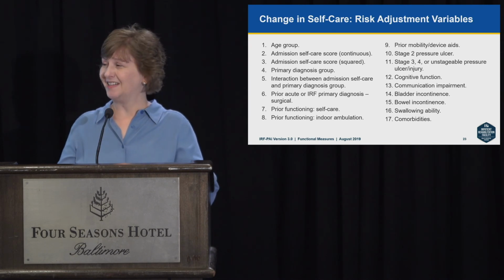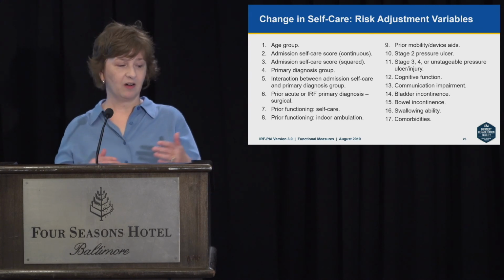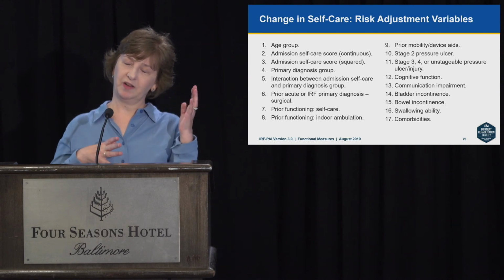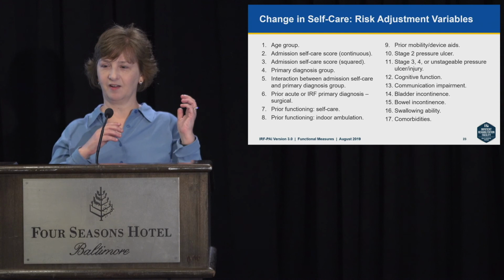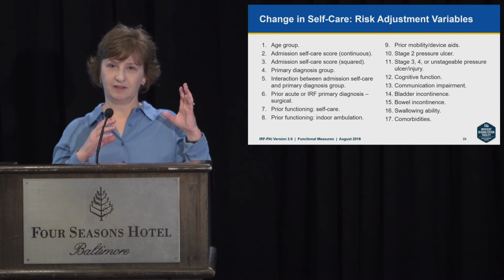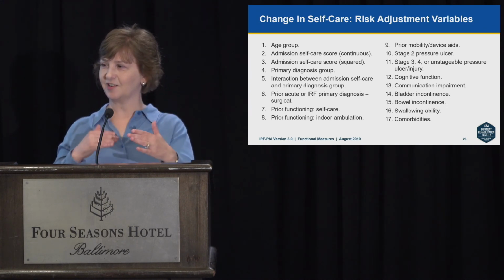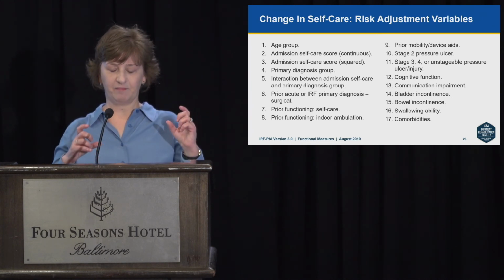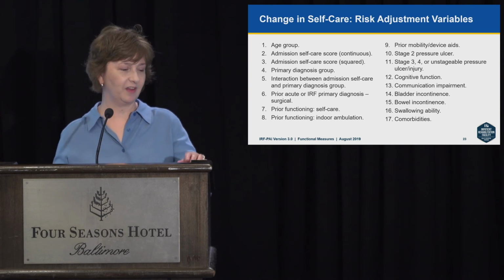So just to give you an idea about the factors that we do have for risk adjustment, there are age group, admission function, and because of the relationship between the admission function and the change in function, we have a regression model that we use. So there's actually the admission score that you calculated, 7 to 42 that I described earlier. And then we also have basically that value squared in order to model the data that we see.